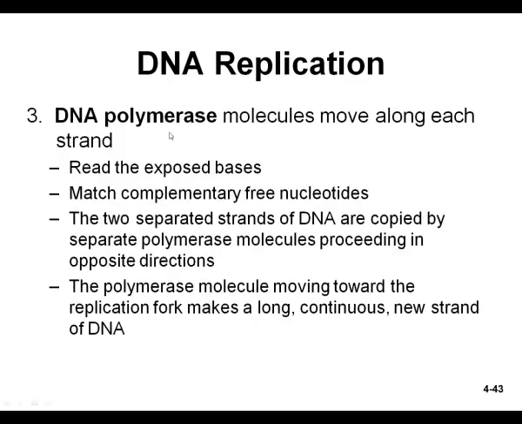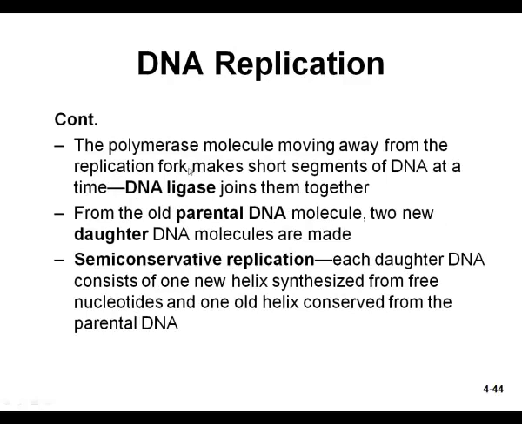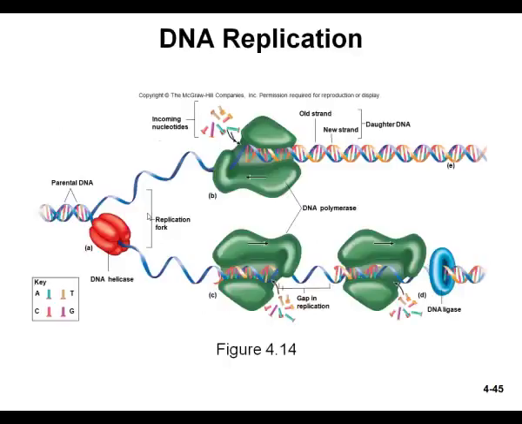Now an enzyme comes called DNA polymerase, and it will read the exposed bases, match them, and build on top of them another mold of the other DNA strand, and now you have replicated the whole DNA. So it's called semi-conservative replication, because each daughter DNA will contain one new helix that's synthesized from one strand of the original, and the other one is the mold that we just casted on top of it.